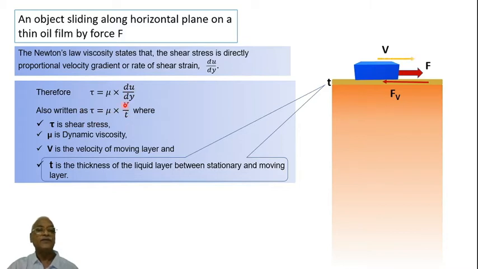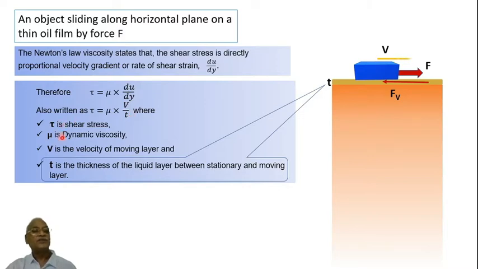V is the velocity and t is the thickness of the fluid that is in between. The velocity at the contact surface here, stationary surface, will be 0, and here it will be v, and because of that linear variation we can say that the rate of strain is v by t.